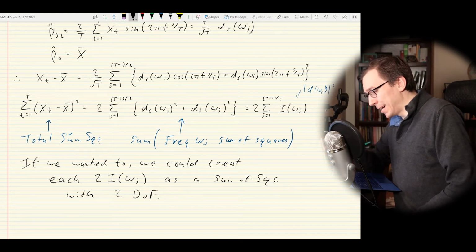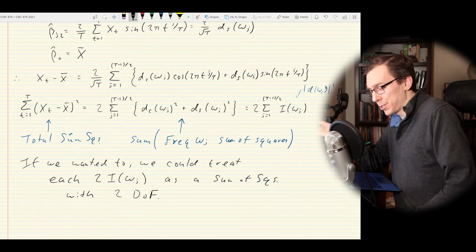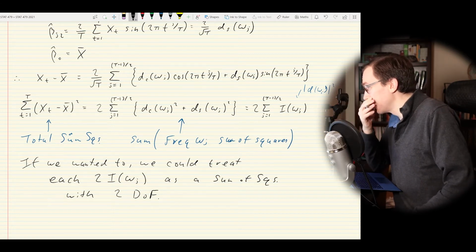And when we add them all up, we end up back with the total sum of squares, which is going to have T minus 1 degrees of freedom.